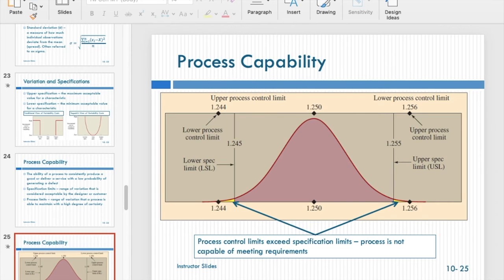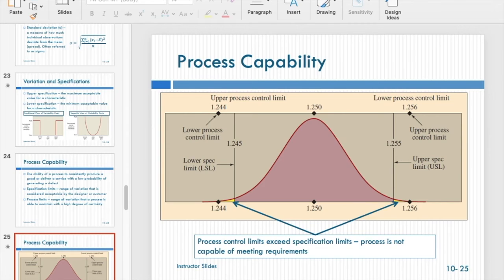It means that although our target is 1.25 inches, if your error is within 0.005 in both directions, it's still acceptable. So based on this information, you can build up the specification limit, right? Our target is 1.250, all right?